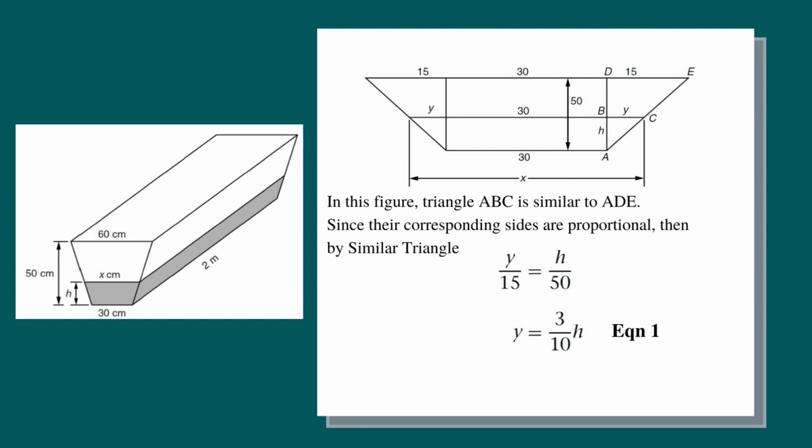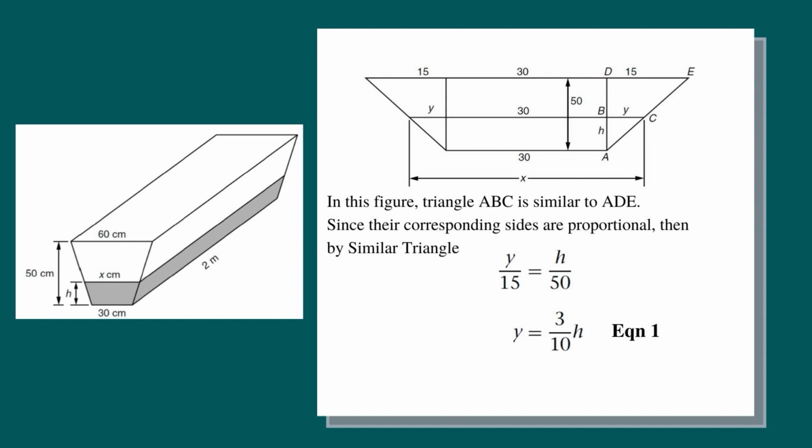To eliminate x in the volume equation, we will consider the trapezoidal cross-section where we find x. Looking at the detailed picture of the trapezoid, the 30 centimeters for the bottom base is being offset to the upper base, and the remaining parts of the upper base are both 15 centimeters, since we are talking here of an isosceles trapezoid.